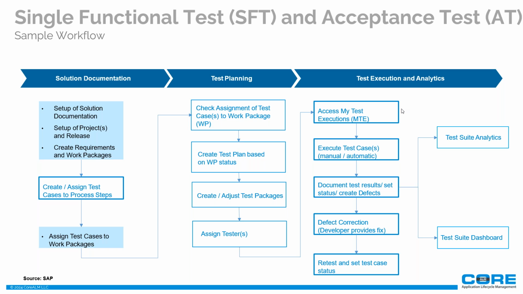to particular test packages. They would go in the Solution Manager Focus Build, and they will have a tab called My Test Execution. They will click on there, and they will see what test packages they have to execute, and what test cases are assigned to particular packages. And then if it's automatic or manual, they go ahead and do the execution.